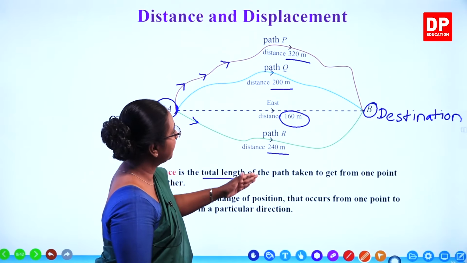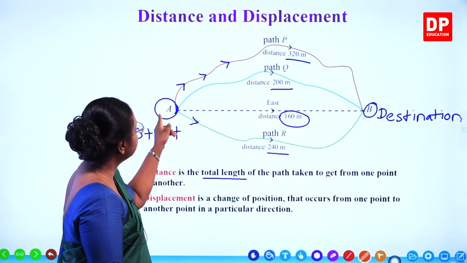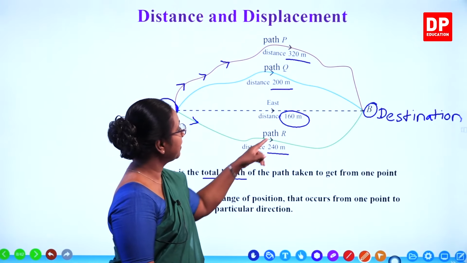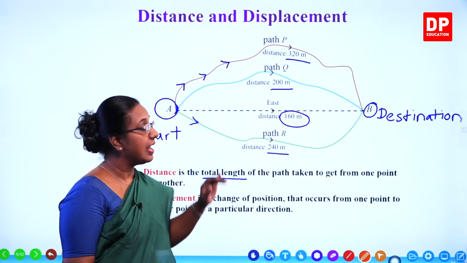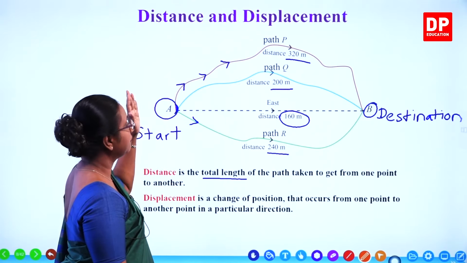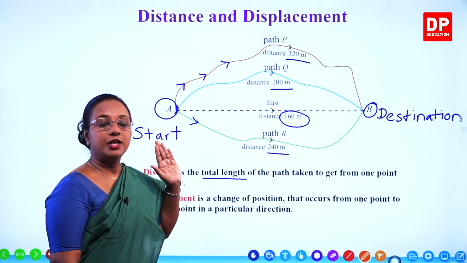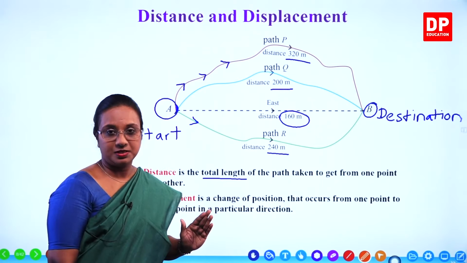And when we compare, you can see out of all these paths, this is a path that is a straight line, and that is the path that has the shortest distance, and it has a direction from A to B. So therefore, we call this change in position as displacement.